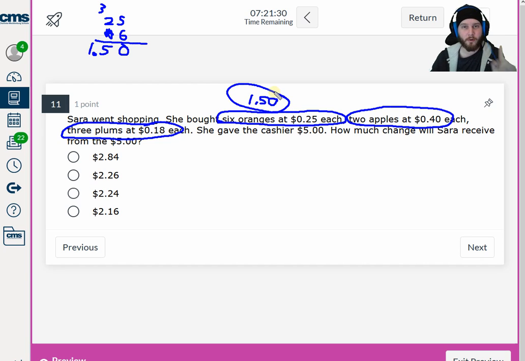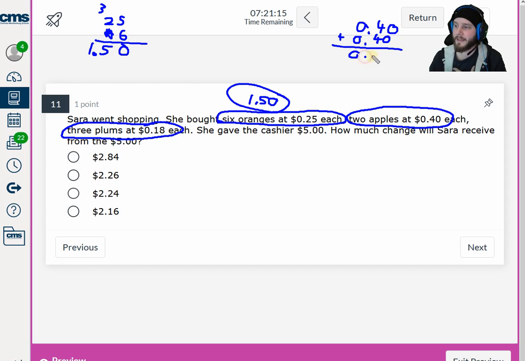But that's just the oranges. For the apples, she bought 2 apples for 40 cents each. Well, I'm just going to do addition for that one. 0.40, 0.40, add those together, and that is 80 cents. So she spent 80 cents on apples.